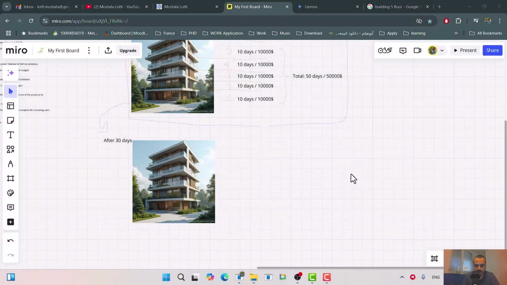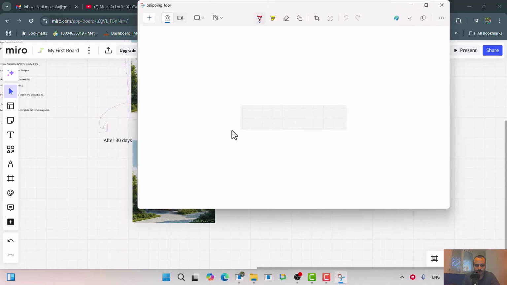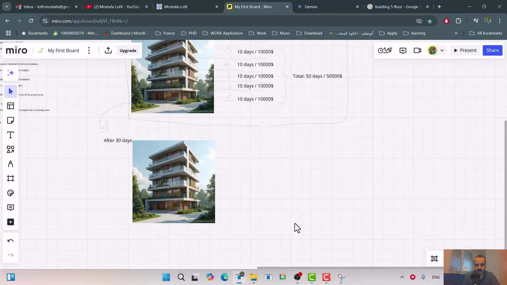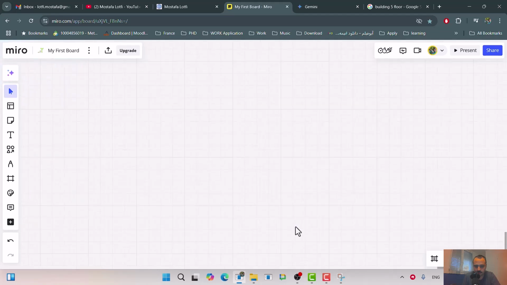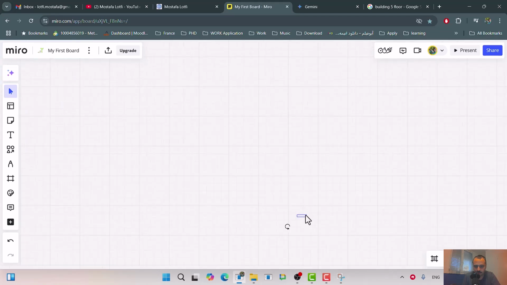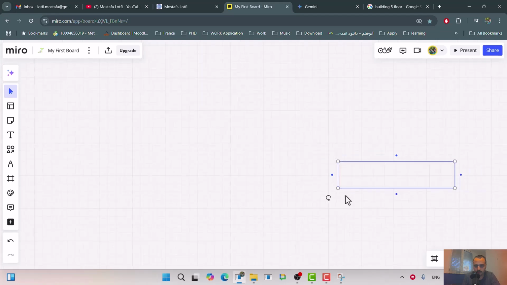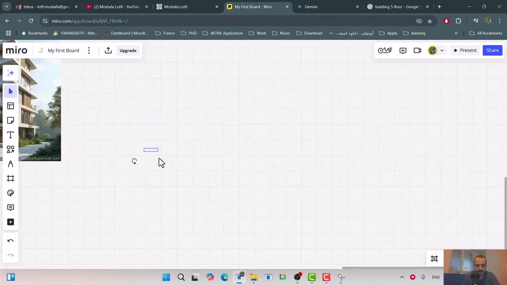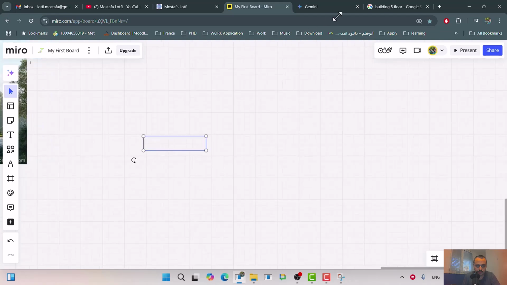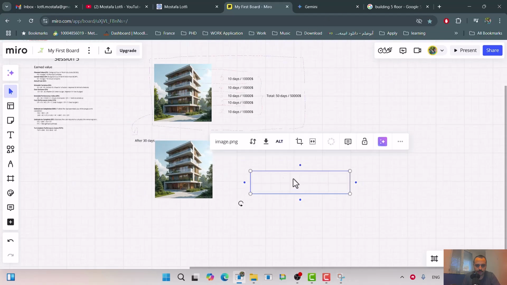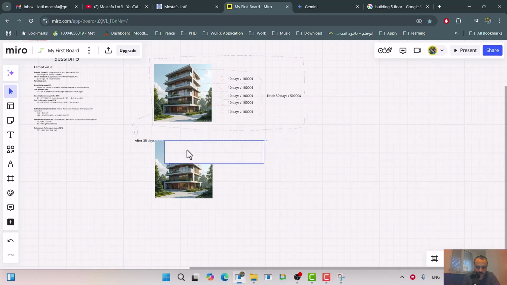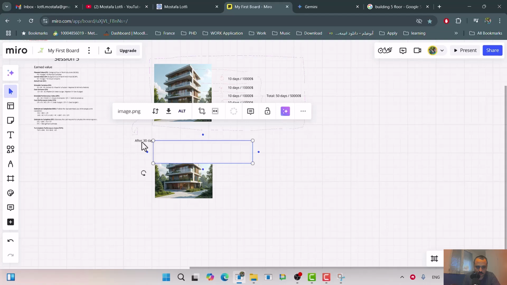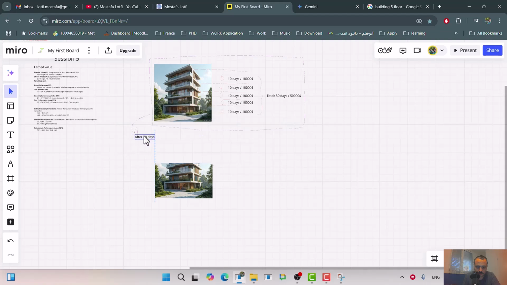I think I can use it like this, and make it bigger.